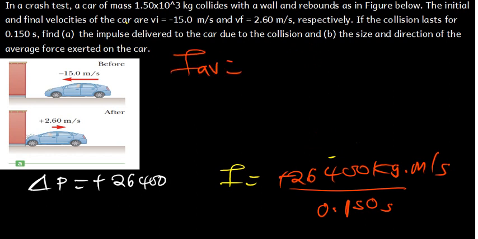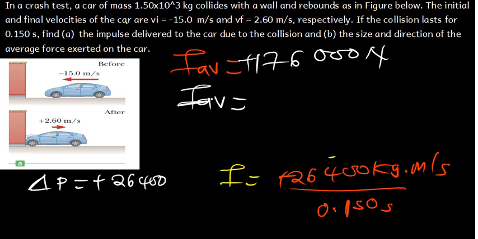So the average force is going to be 26,400 divided by 0.150, which is positive 176,000 newtons. I can put this in scientific notation, and say that the average force is positive 1.76 times 10 raised to the power 5 newtons. As simple as that.